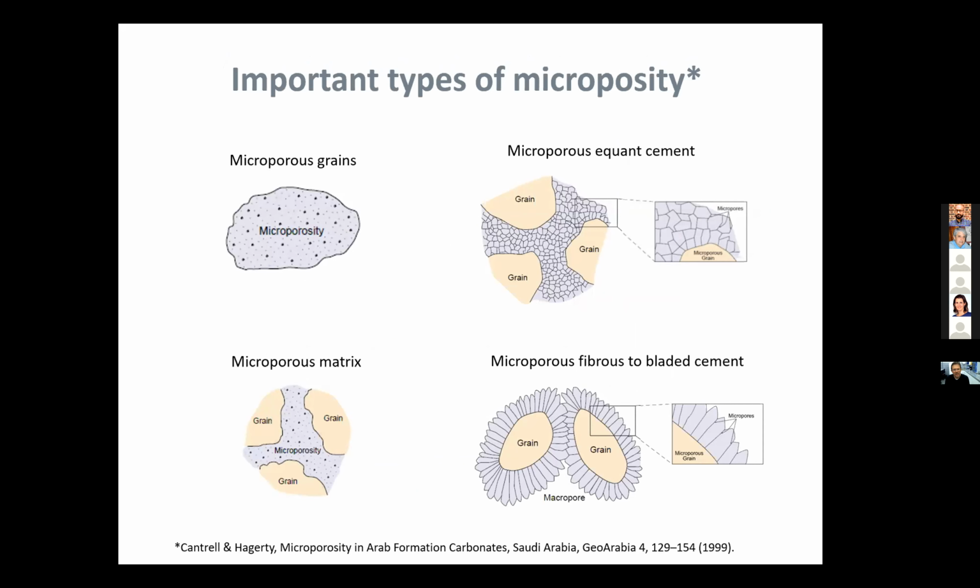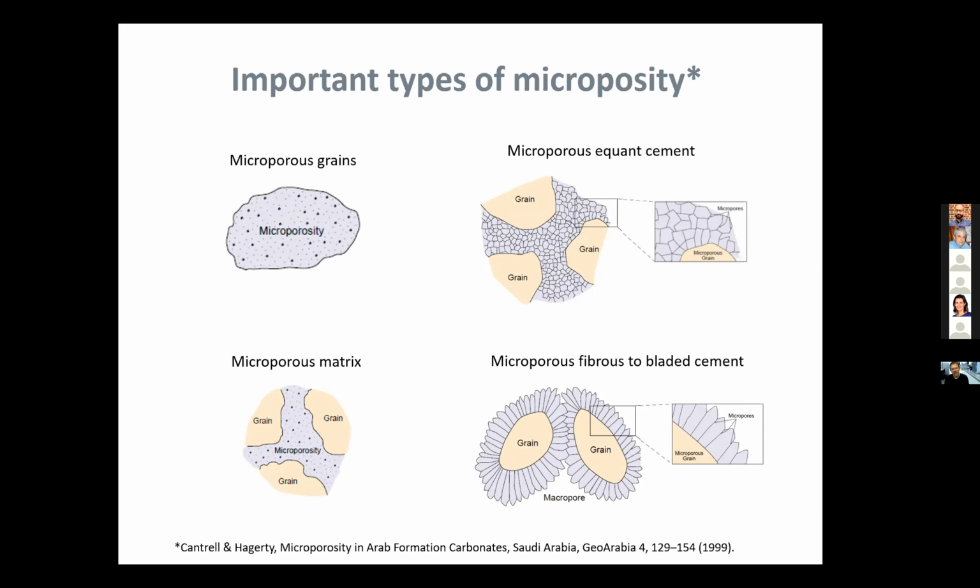When you analyze some carbonate rocks, it's possible to recognize some important types of microporosity in these systems. Cantrell and Hargert classified 4 types of microporosity: microporosity associated to the grains, microporosity associated to the matrix, microporosity associated to the equant cement, and microporosity associated to fibrous to blade cement.